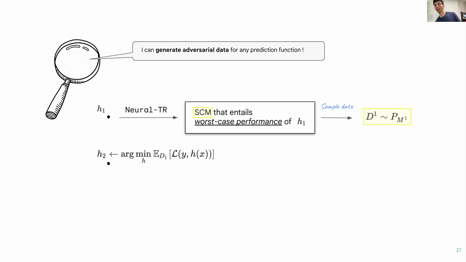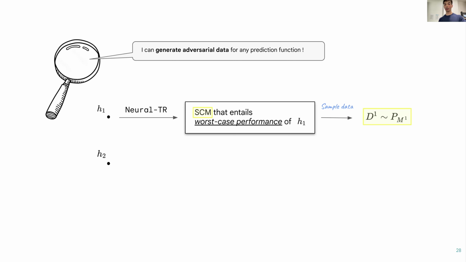At this point, in a second iteration, you're going to train a second prediction function that is designed to minimize error in this adversarial data set that you've sampled in our first iteration. So you have in the second iteration a classifier that performs well on this data set D1. And you can then repeat the procedure.